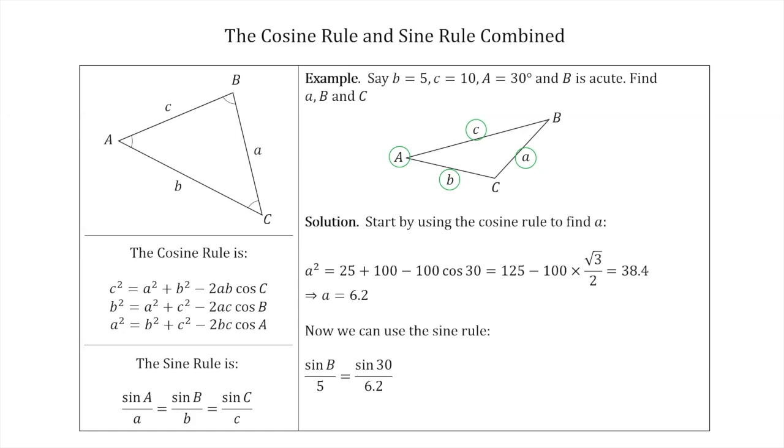If I take the 5 over to the right hand side, I get sine B equals 5 times sine 30, which is a half, which is 0.5, so 5 times 0.5 over 6.2. Put that into a calculator and I get 0.403. So sine B equals 0.403. So B equals the inverse sine of 0.403, which is 23.77 roughly. And I get that just by plugging it into my calculator.